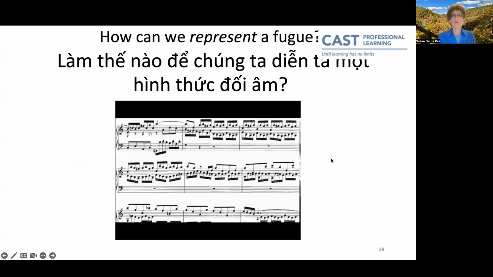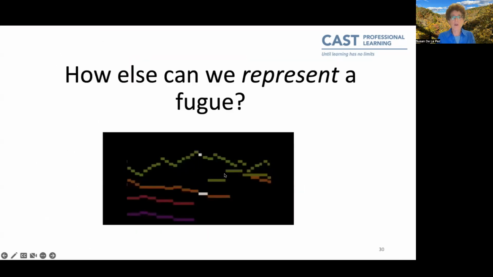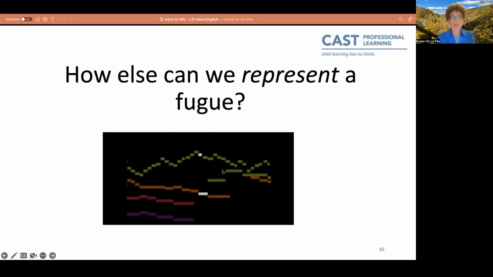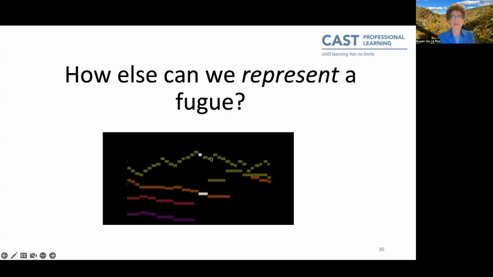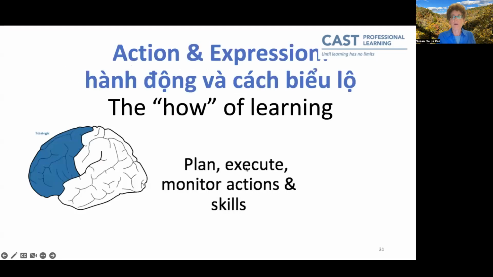Okay, how do we represent a fugue? Here's a picture of music. Looks like classical music. I'm not sure, piano, violin. I'm sorry, I really don't know the music that well, but we could represent music with a digital musical representation.